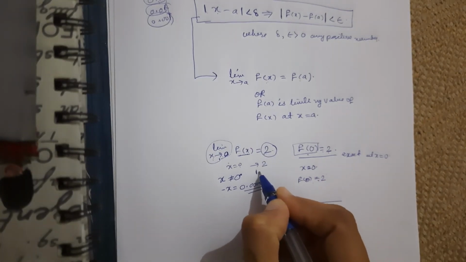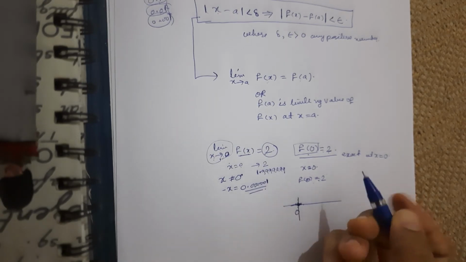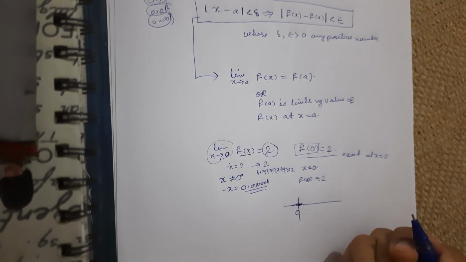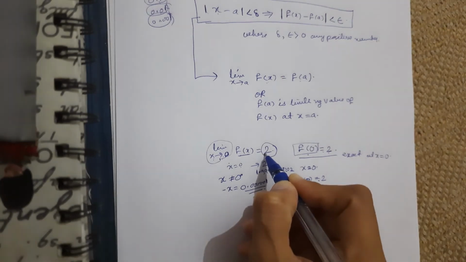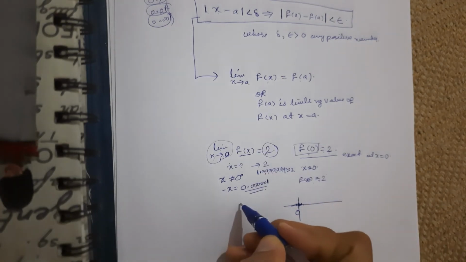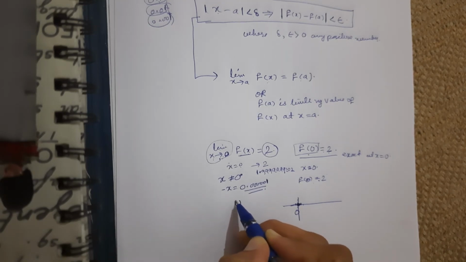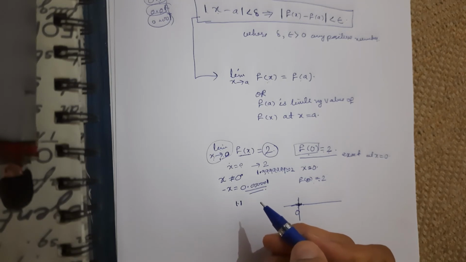It may be 1.999999, which is very, very near to 2, but it cannot be exactly equal to 2. It cannot be exactly on that point. It is somehow around the 2, but not exactly at that point.